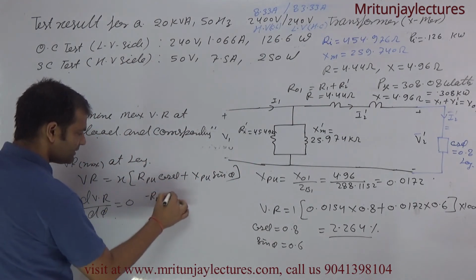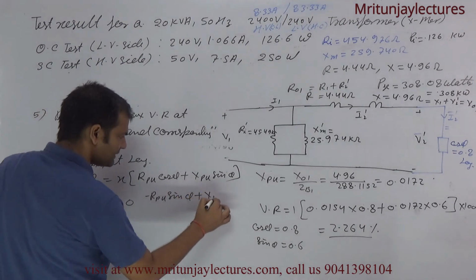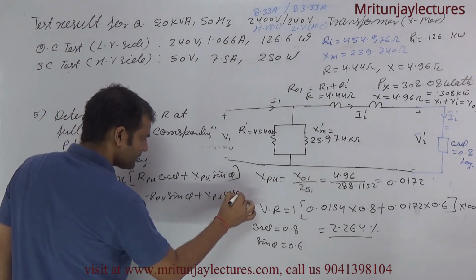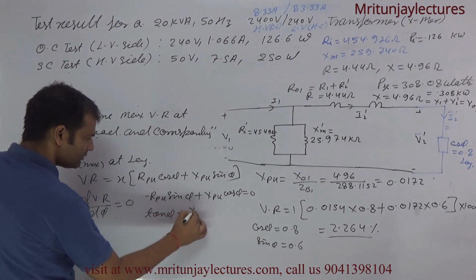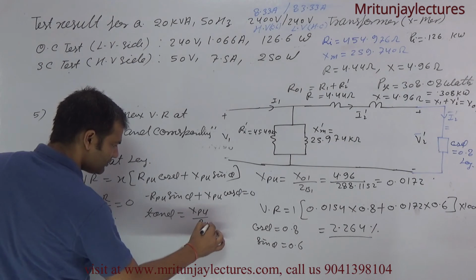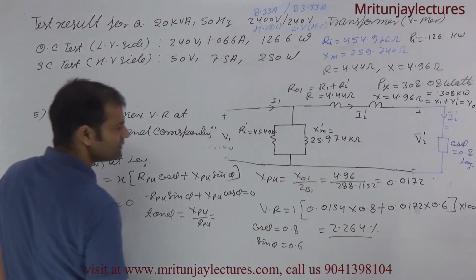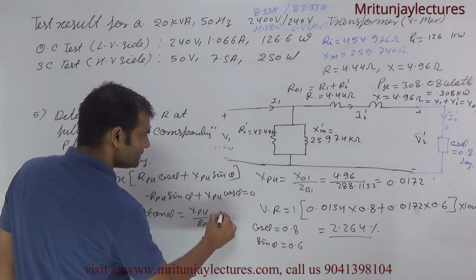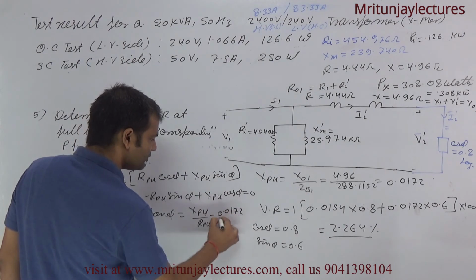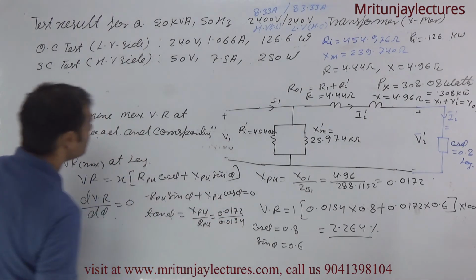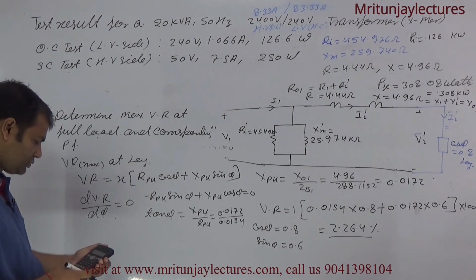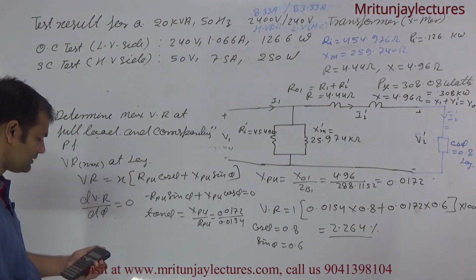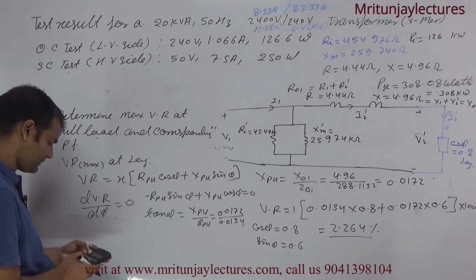Differentiating: RPU into minus sin phi plus XPU cos phi is equal to 0. So tan phi is XPU divided by RPU, that is 0.0172 divided by 0.0154, which is 1 point something.